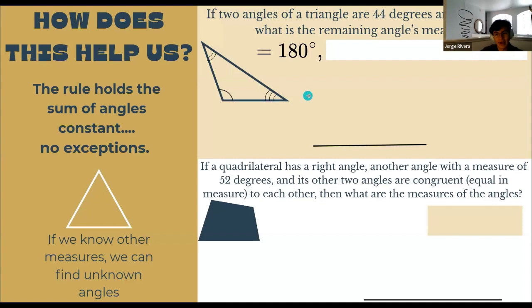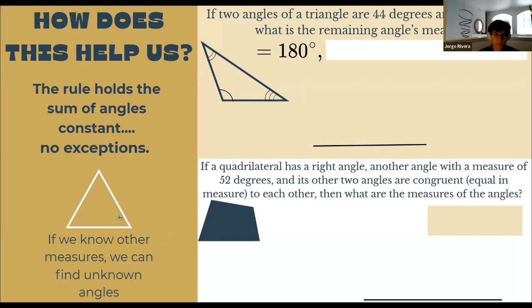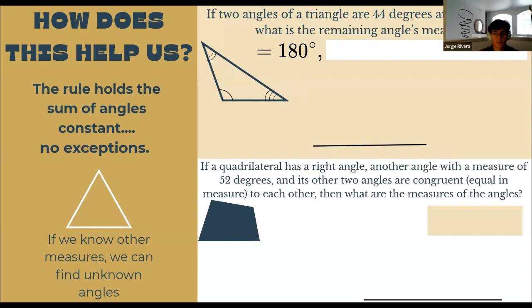Does anyone have any idea, any gist of how we would solve this? Any suggestions on how to solve this? Can I go again? Yeah, sure, go ahead. So I think the way I would solve it is I would add 44 degrees plus 38 degrees, and I would just subtract that from 180. 44 plus 38, that's very right.